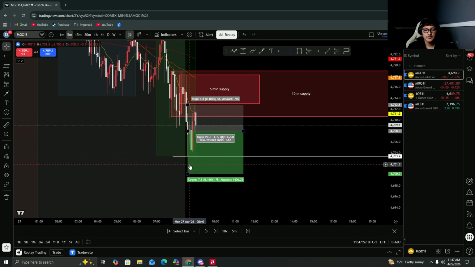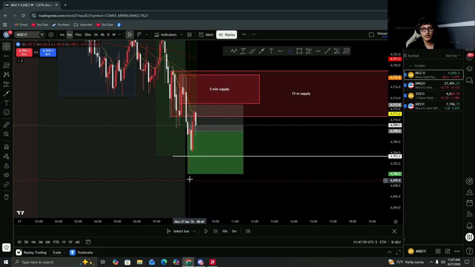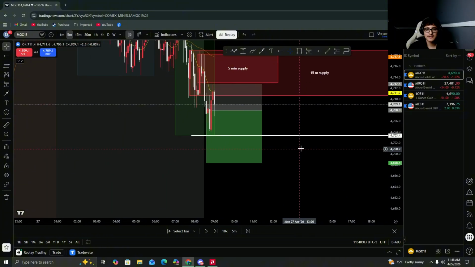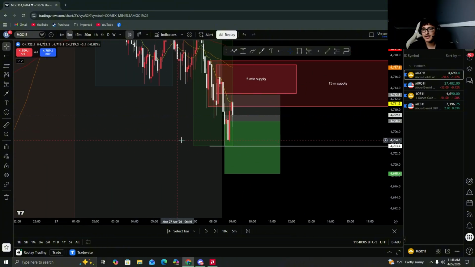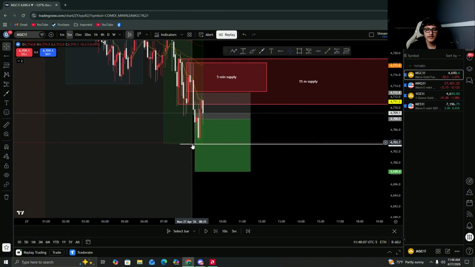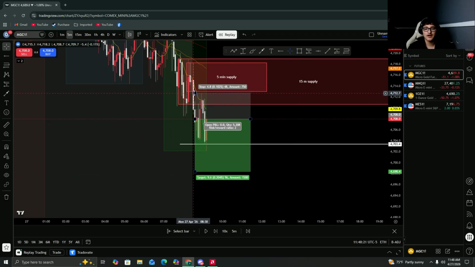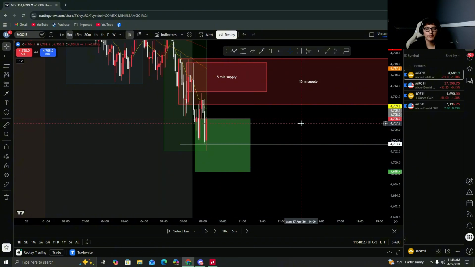I basically was going to go for a 1 to 2 RR, did not get a 1 to 2 RR just because I got stopped out at break even. Right here I was like, once it takes out this low, I will be going for break even, which it did end up happening. We had a strong bearish candle and immediately just went back up and stopped me out at break even, right?